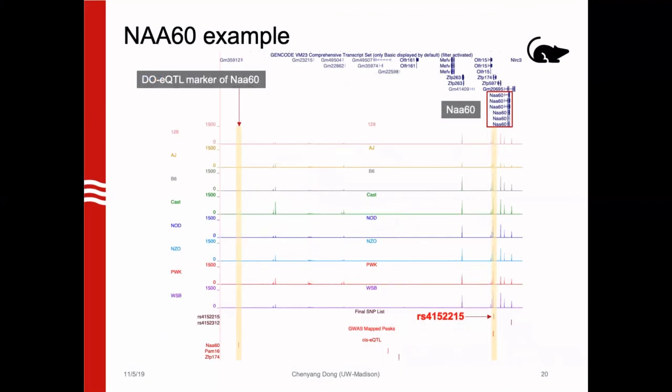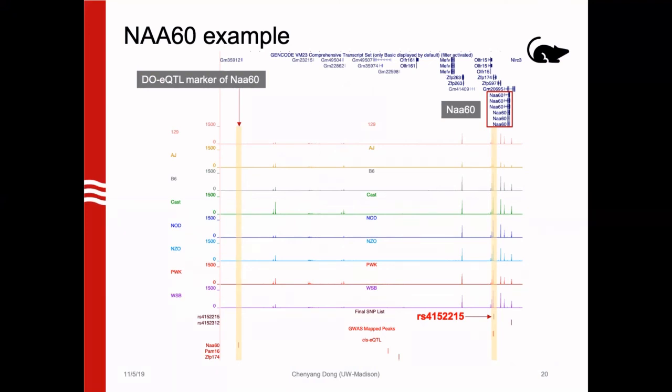Here is one example of our mapping. This is a NAA60 example in the mouse genome. And in mouse gene NAA60, we have eQTL markers far away, around 1 megabase.